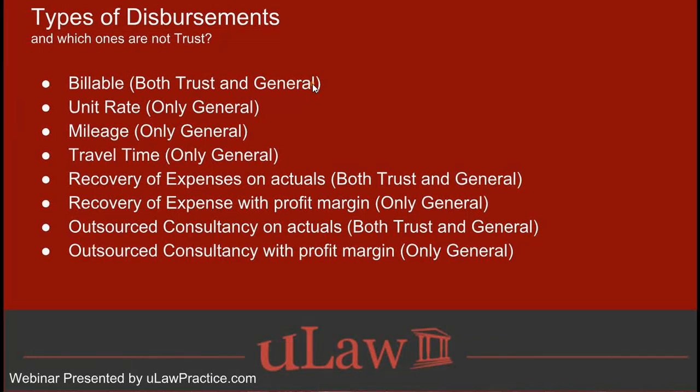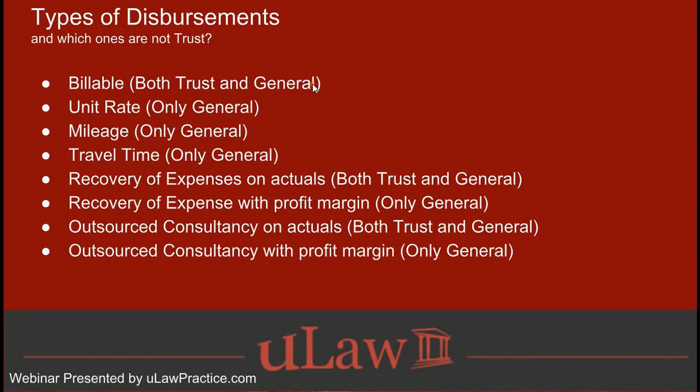So any recovery of expenses, bottom line, on actuals, such as court fee, application fee, by all means, you can pay it out of your trust account and or your general account. If you're recovering an expense with a profit margin, we spoke about that example, then only a general account.